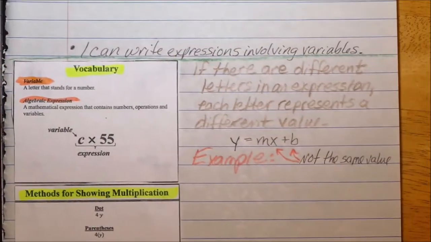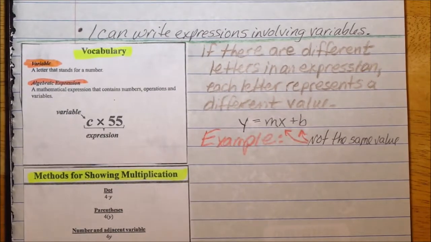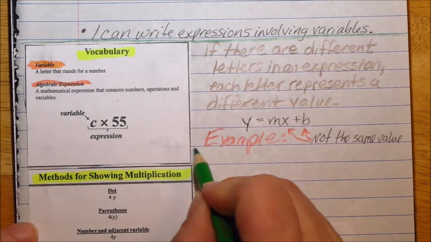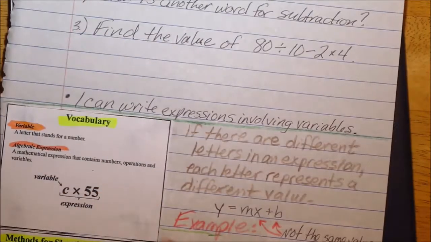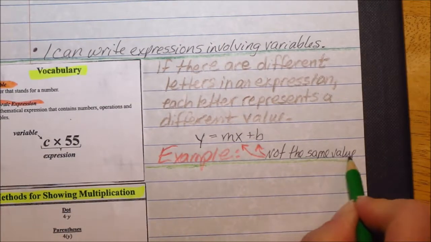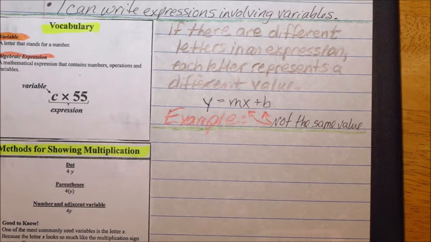Because they are different letters. Different letters represent different values. Okay? All right, so with my light green pencil, I'm going to put a little line here. And we'll talk about something else.